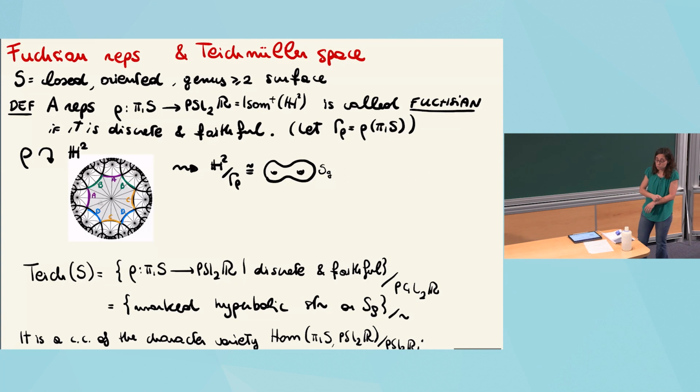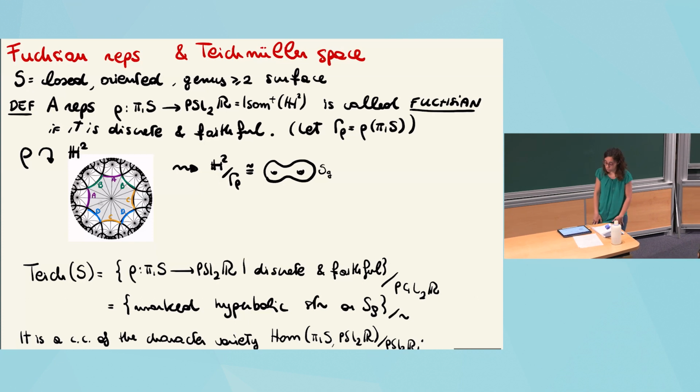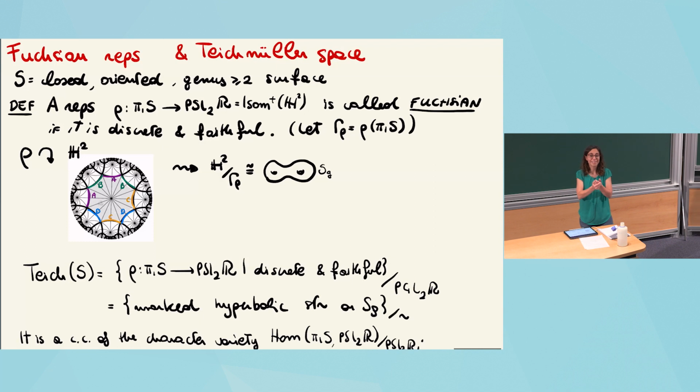S for us will be closed and oriented, of genus greater or equal to 2. So Fuchsian representations are representations from the fundamental group into PSL2R which are injective and such that the image is a discrete subgroup.